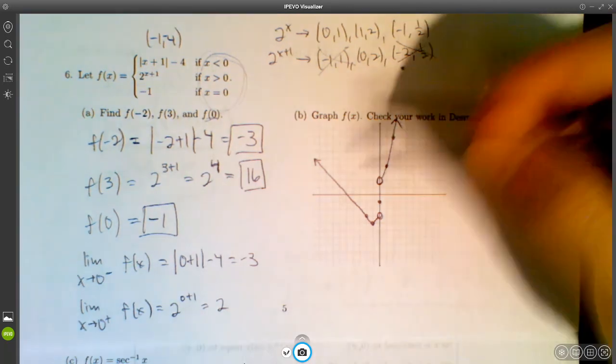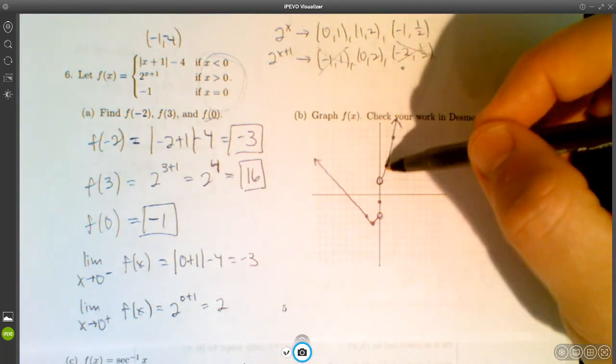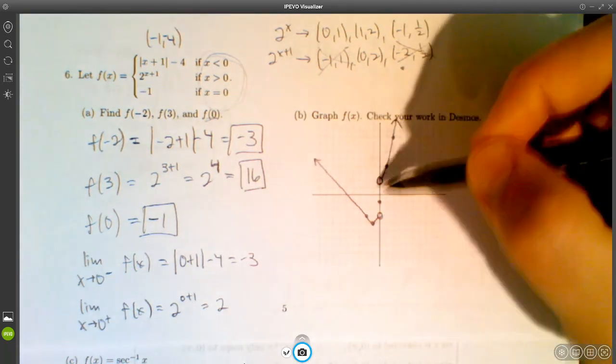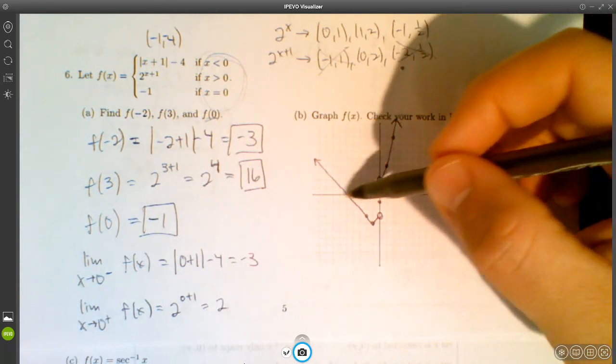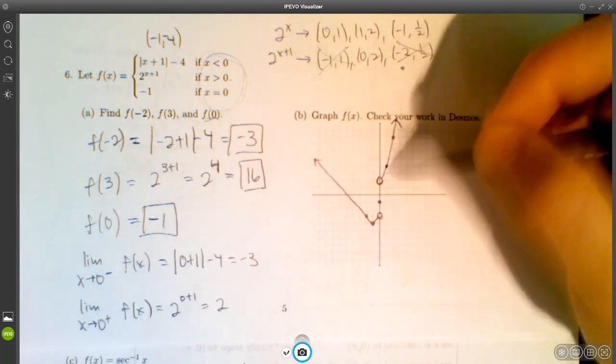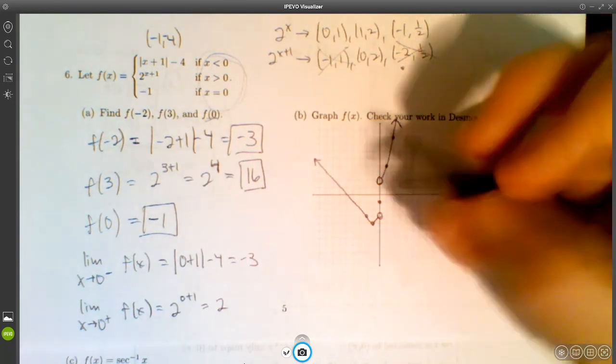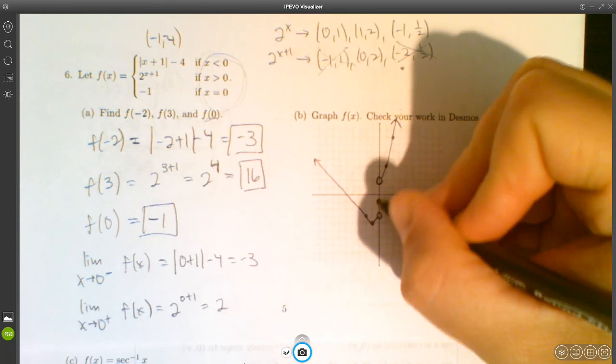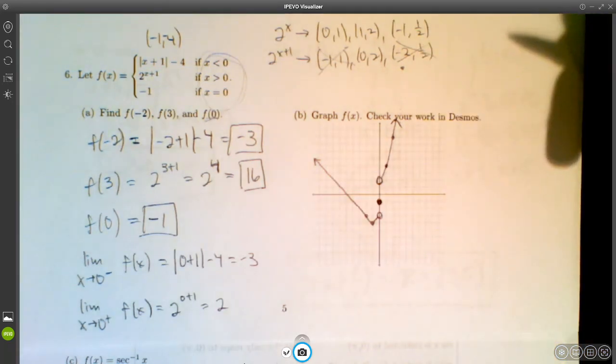So a little backwards check mark and then an exponential that's growing really fast here. It doesn't do the normal exponential thing where it gets closer and closer to the x-axis the other way because we're not using this rule when x is less than 0. When x equals 0 itself, f of x is just going to be negative 1. So that's what that function looks like.